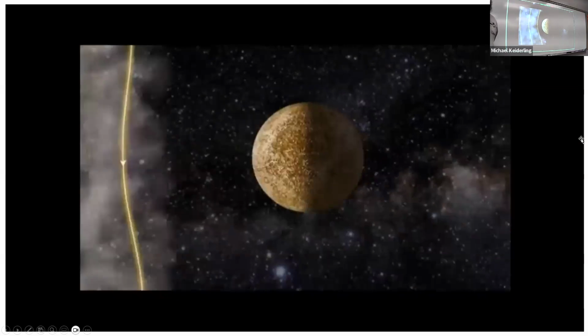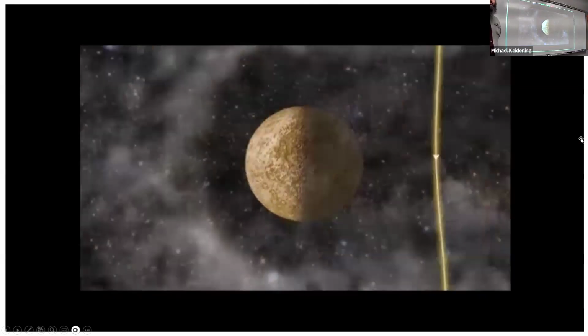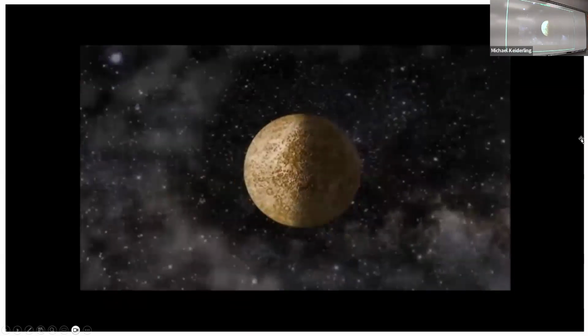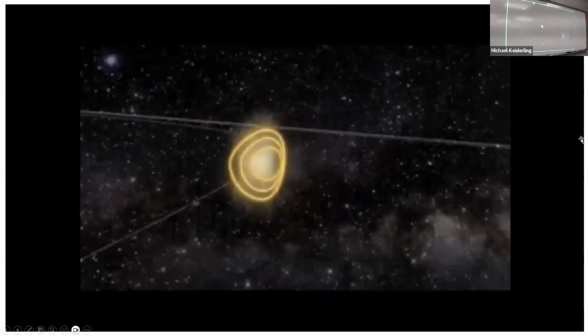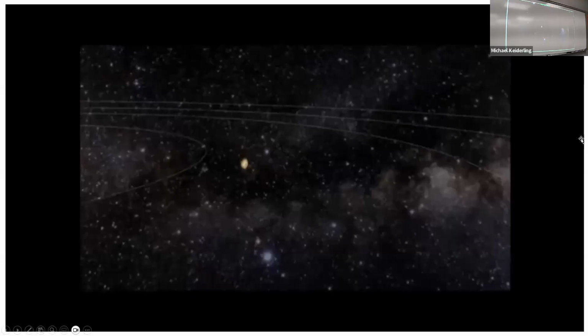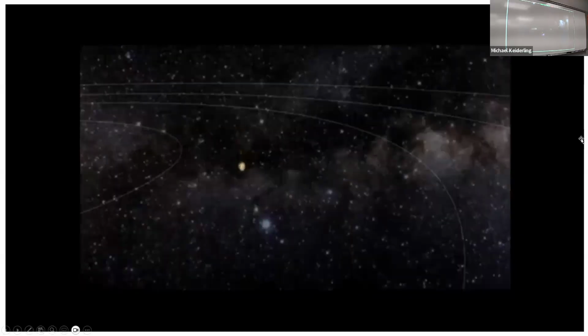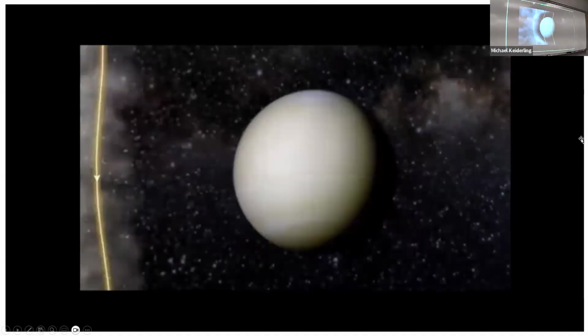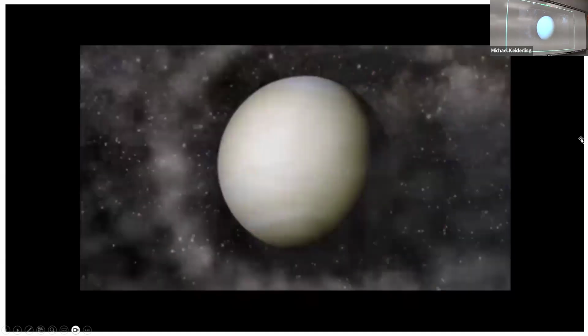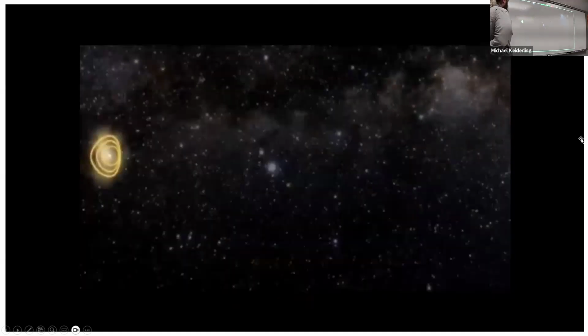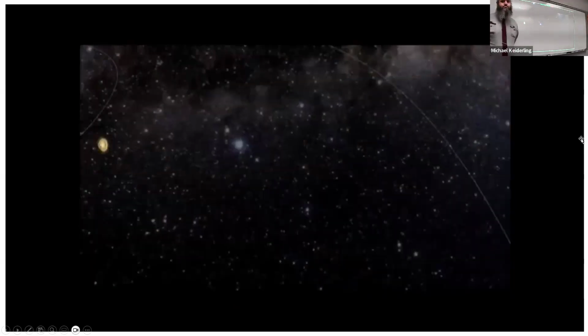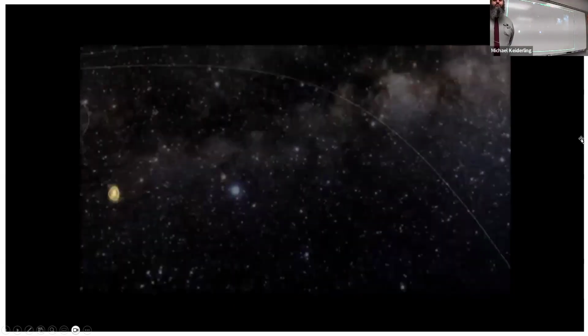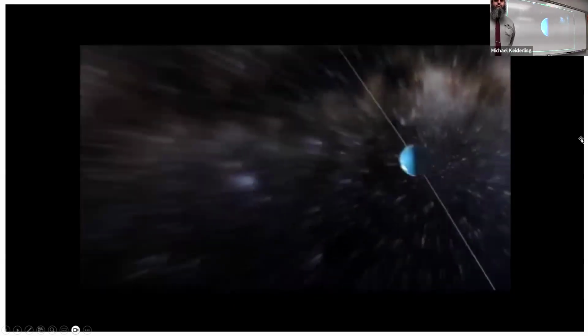After 6 hours, it blows past the planet Mercury. After 12 hours, the planet Venus. And after 18 hours, the solar storm reaches Earth.